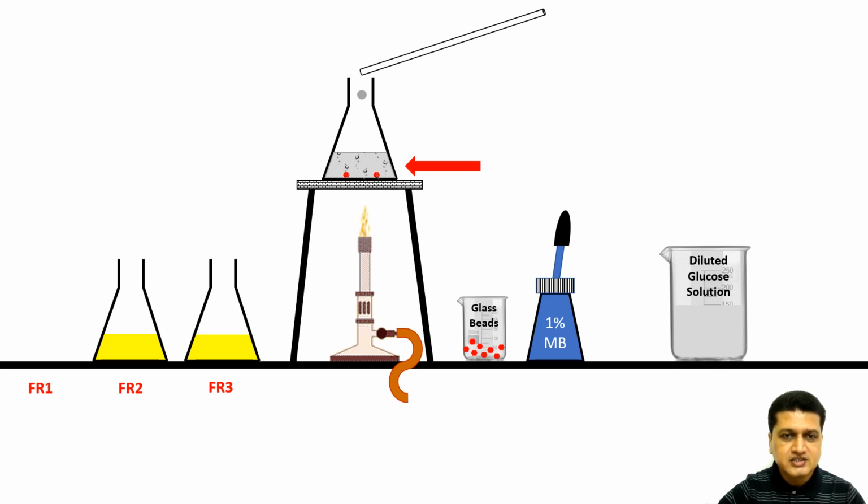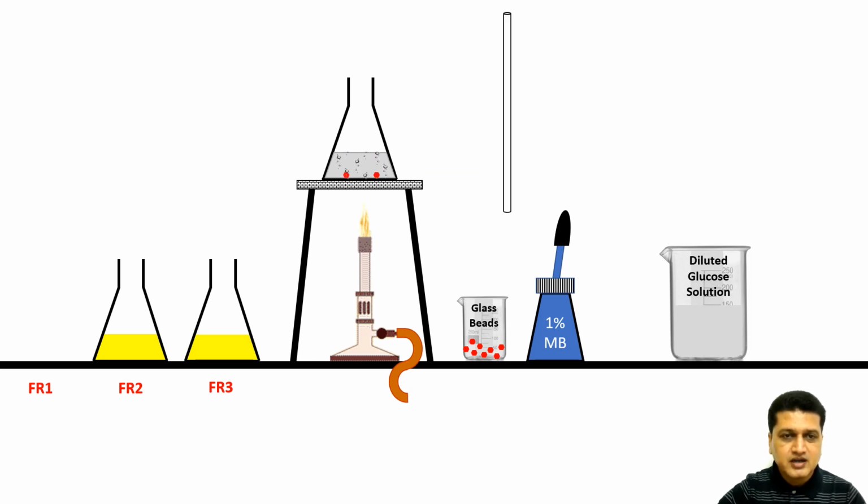Continue titration until the color disappears. Stop adding glucose solution. This is the end point of titration. Note down the volume of diluted glucose solution required to get the end point. Record this as final reading 1.